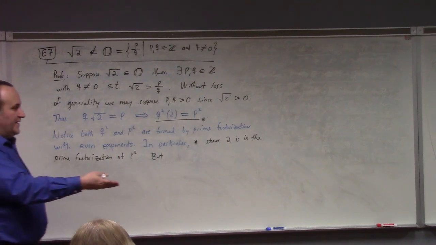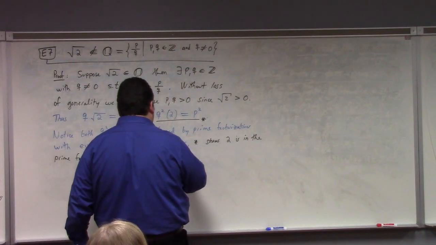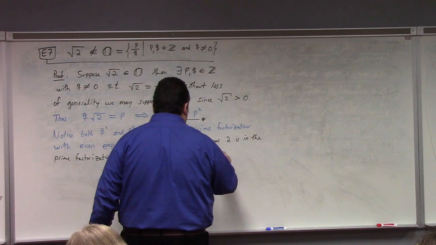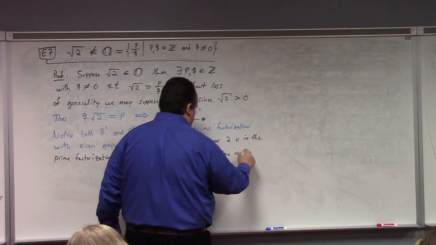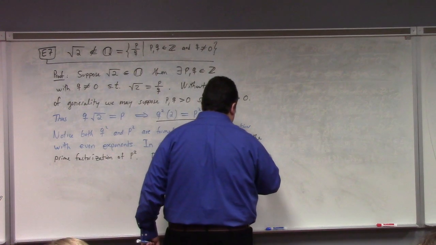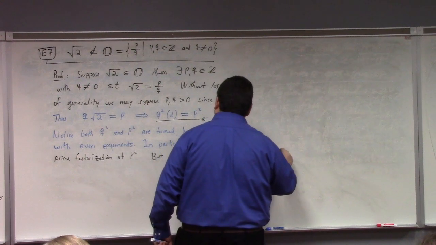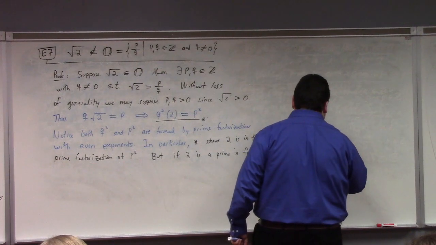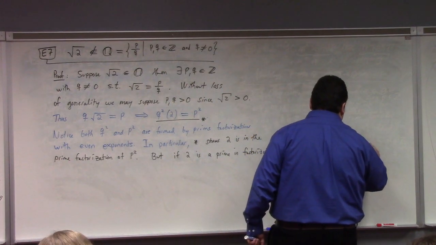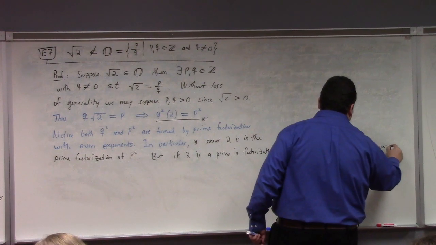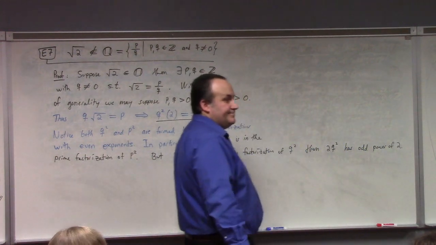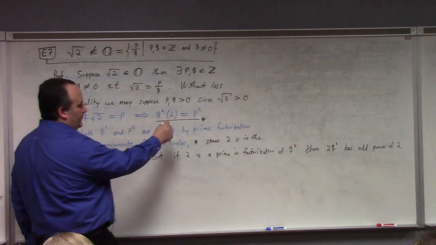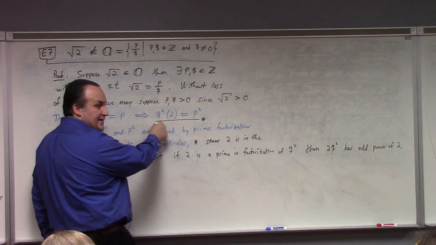So if 2 is a prime in the factorization of q squared, then 2 times q squared has an odd power of 2, because you have 1 two here, and you have even numbers of 2's here.